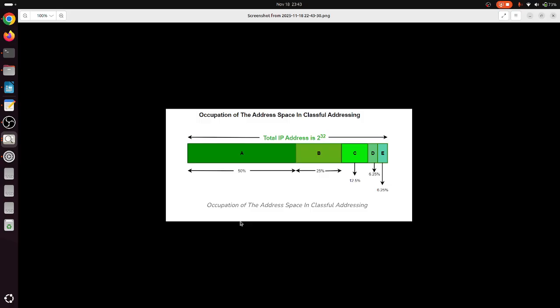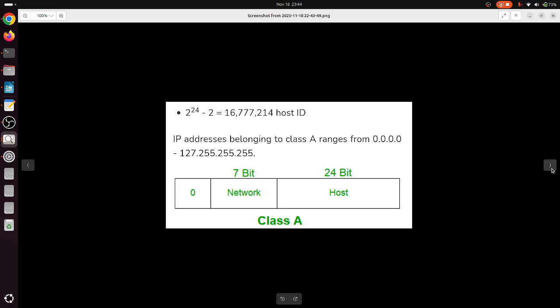So D and E have an equivalent share, 6.25% each. So this is the occupancy rate. When I use class A, I can have many customers. So this is the story behind it.